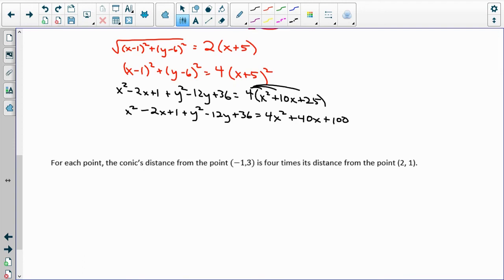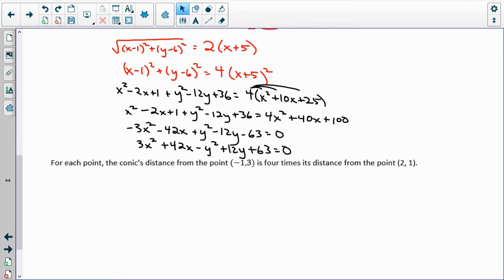I have negative 3x squared minus 42x plus y squared minus 12y, and then I have 37 on the left side, subtracting 100, that will be minus 63. I could rewrite this as 3x squared plus 42x minus y squared plus 12y plus 63 equals 0. Both of those are ways to write this equation depending on where you subtract things. But this is a hyperbola.